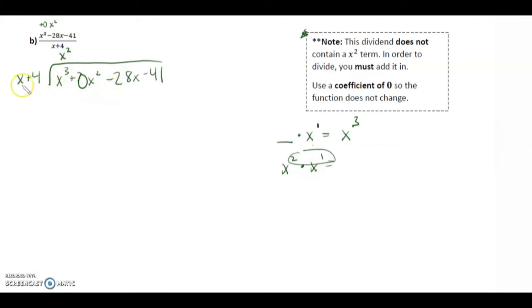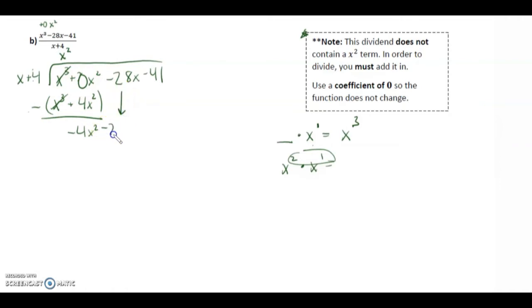The coefficient here is just 1, and here's just 1, so we don't have to do anything with the coefficient. So x squared times x is x cubed, and x squared times 4 is plus 4x squared. Now we subtract. Those go away, and 0 minus 4 is going to be negative 4x squared.